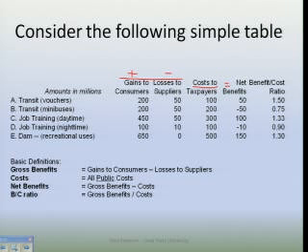Okay, so let's just look at this first one really quick. $200 million worth of gains minus $50 million worth of losses to consumer or to some supplier means that I have total benefits of $150 million minus the costs of $100 million leaves me net benefits of $50 million.